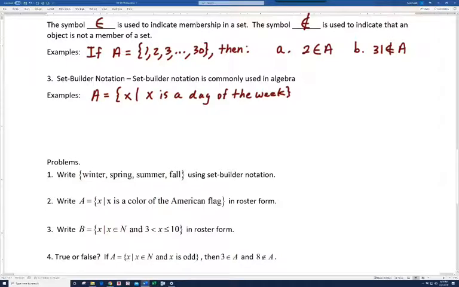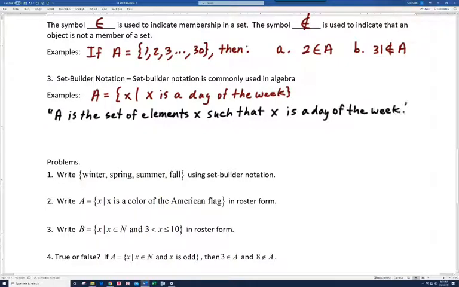This is a set that's written in set builder notation. How do you read this? Well, A is the set of elements X such that X is a day of the week. So that's how it works.